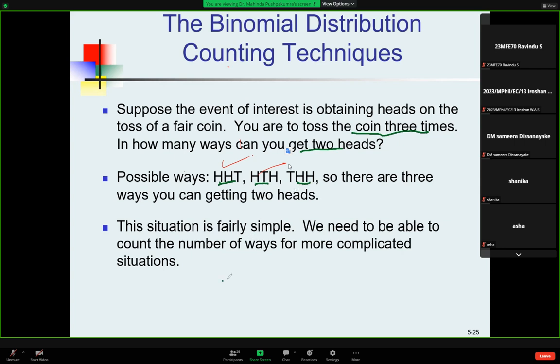Now, with the T diagram, you can see it. There are 3 ways to get 2 heads.